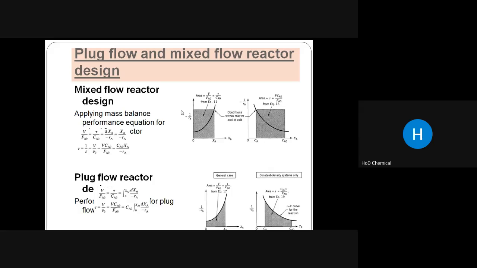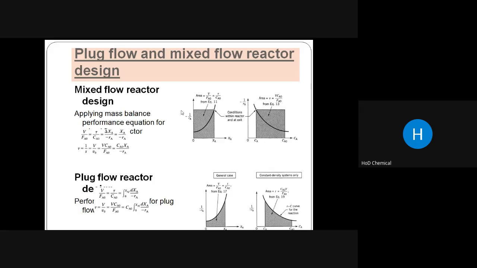We have many methods to determine it, like RTD. Yes, we have two methods: the step input method and the pulse input method.